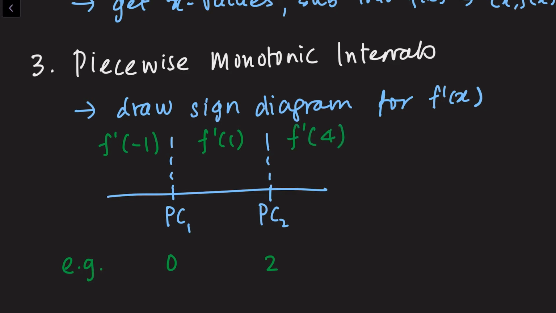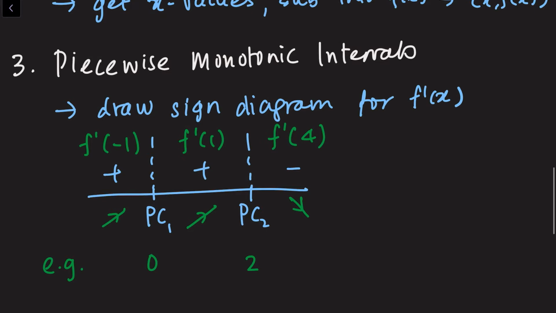Okay, then you go ahead and determine the sign, whether they are positive or negative. Positive means it is increasing on this interval, then negative is decreasing.